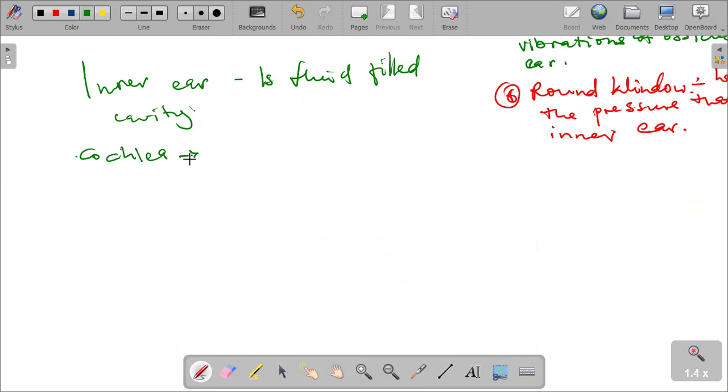It is a coiled tube containing sensory structures called the organ of Corti. What is the function of the organ of Corti?